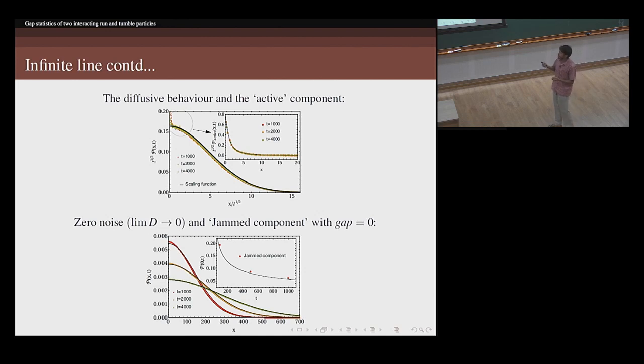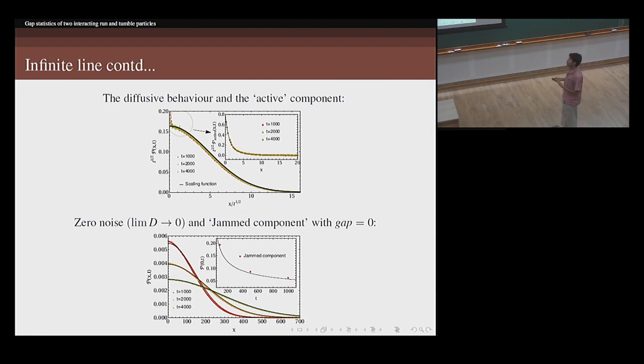Actually, this is exponential. As you are decreasing the gap, the distribution is exponentially increasing in this region. And this is a remarkable signature of activity and the interplay of activity and noise. You can actually take the D tends to 0 limit and you will find that this exponentially increasing thing will become a delta peak.